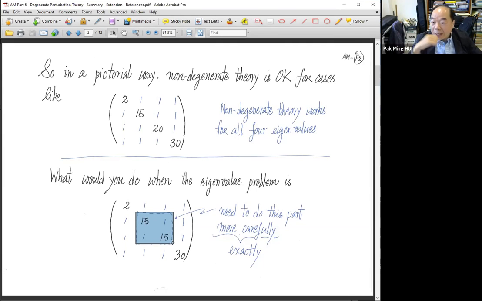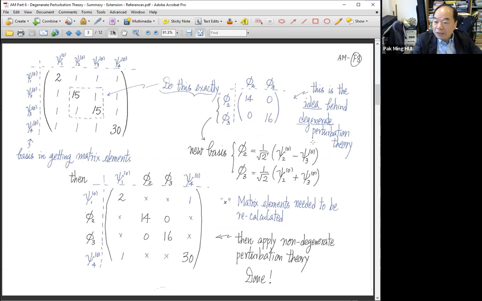Okay, now let me elaborate what I mean by that. Then you will understand degenerate perturbation theory without any effort. We want to do this part exactly. It means the following. When I write down this 4 by 4 matrix or any matrix, behind the scene, there is a basis set of functions.